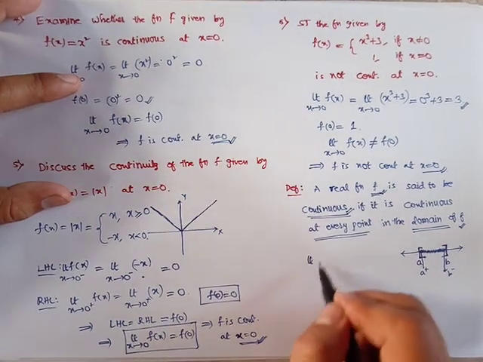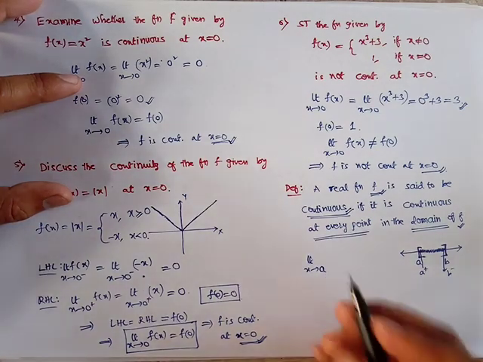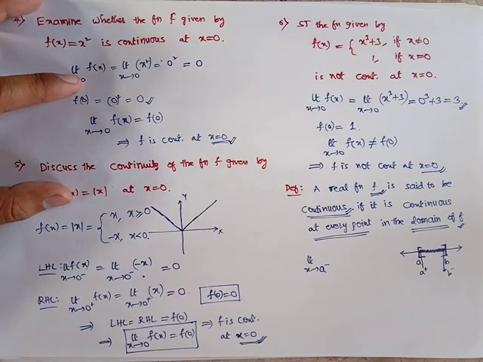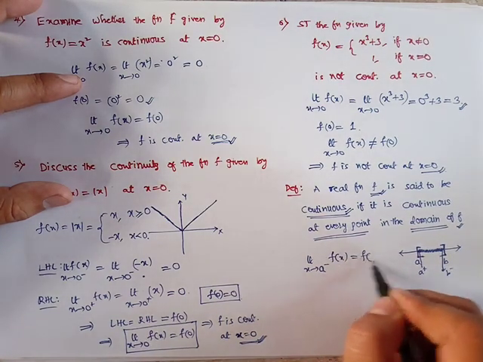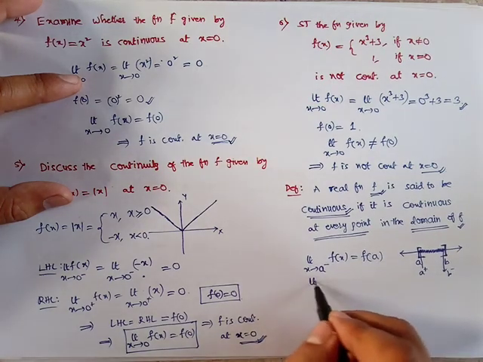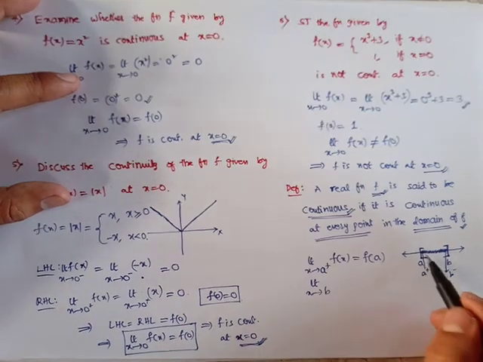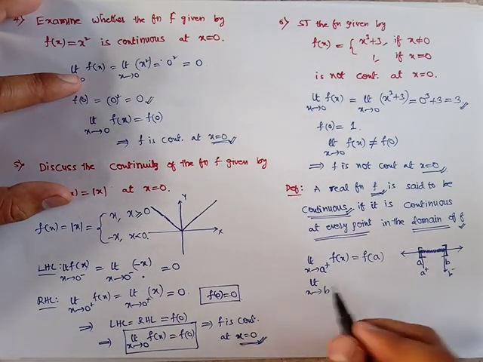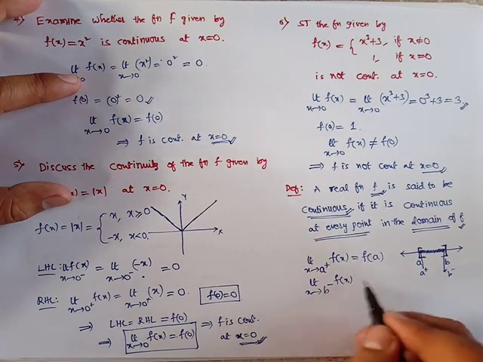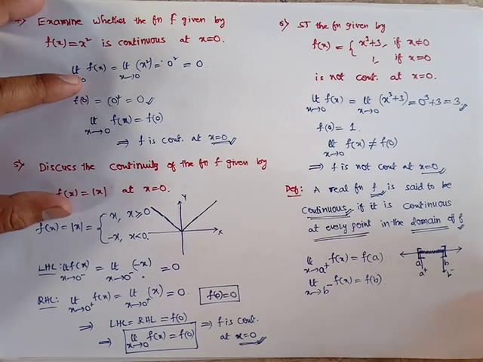Then limit x tends to a plus of f of x is equal to f of a, and limit x tends to b minus of f of x is equal to f of b. So this is your b minus and this is your b.